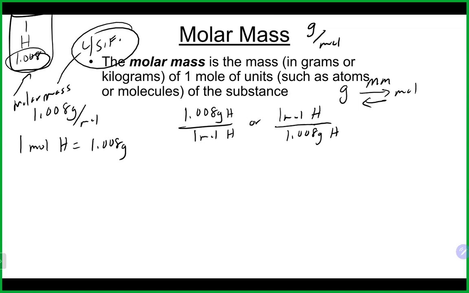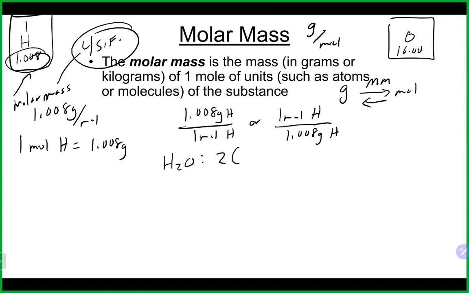We could also do this for a molecule that has multiple elements. So if you had something like water, what you would do is go to the periodic table and find all the elements that are there. So we've got oxygen, 16 there, and we have hydrogen, and you basically just add up all the parts. So if I wanted the molar mass of water, there's 2 hydrogens.